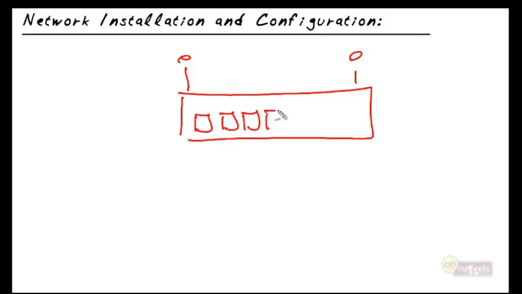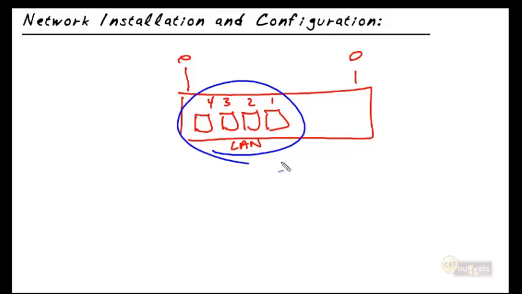These 4 ports right here are labeled LAN, and they have numbers on them, 1, 2, 3, 4. And these ports are just a 4-port switch that happens to be living in the same box as the router and as the access point. It's like 3 things in one: an access point, a router, and a switch all built in together in this little D-Link. Then there's another port over here, and that port happens to be labeled Internet.